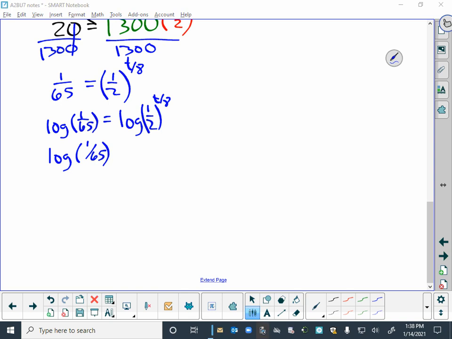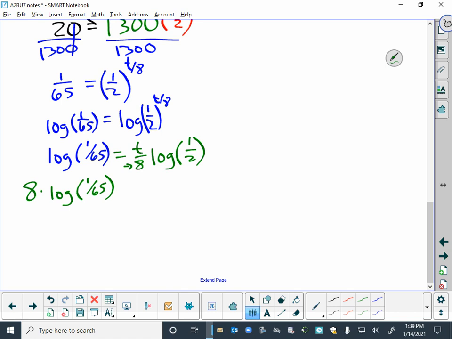Log of 1/65 equals t over 8 times the log of 1/2. And now we get the t over 8 down where we need it. We need to get rid of this 8, obviously, and the log of 1/2. So I'm going to do the log of 1/65 multiplied by 8, divide by the log of 1/2, and that should give me my value of t.